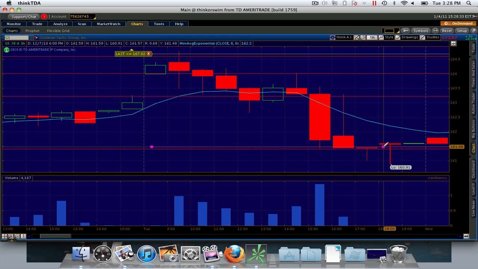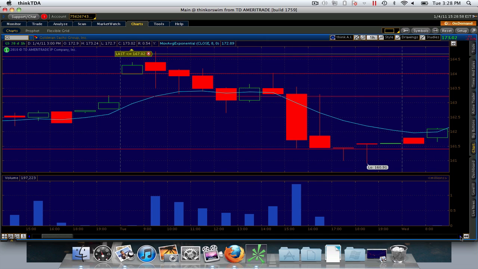When buying on a bounce, I always wait for the price to regain and close above the 8 EMA before going long. So the 8 EMA is this blue line right here. And that way I'm not guessing where the price is going to bounce. That way I can actually see the buyers coming in with upward momentum building. So here I'm going to fast forward a bit.